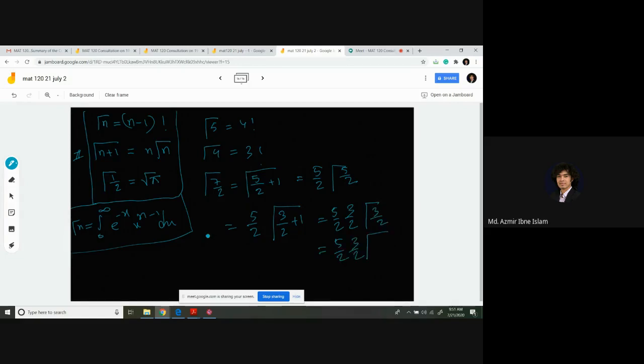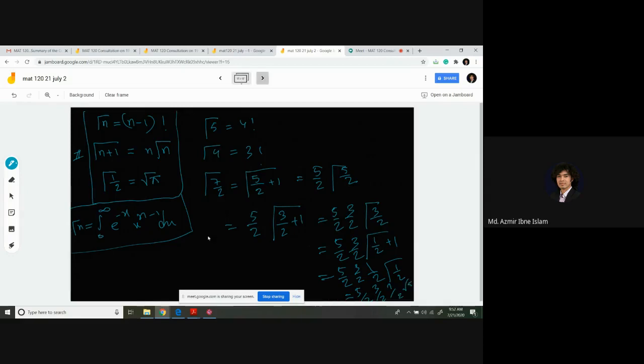Same process will be applied. That means 1 by 2 plus 1. So that means 5 by 2, 3 by 2, and gamma 1 by 2. Finally, the calculation will stop when we get gamma 1 by 2, and for gamma 1 by 2 we have root pi. So finally, the result will be 5 by 2, 3 by 2, 1 by 2, root pi.